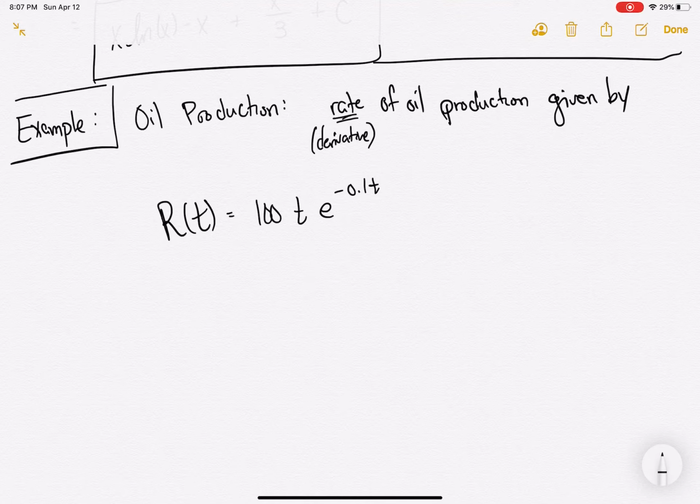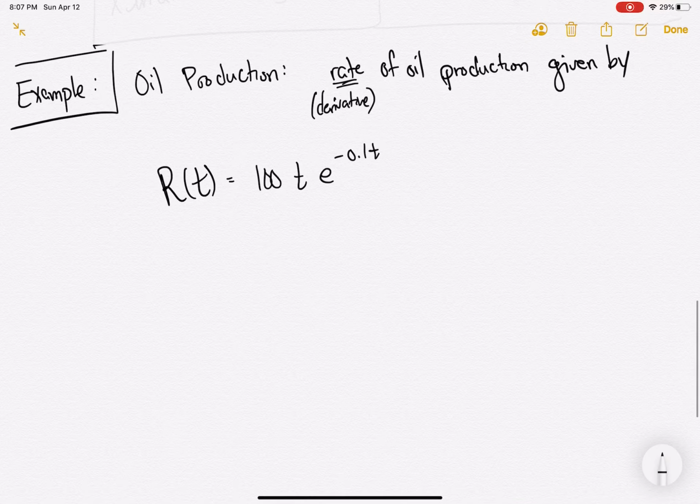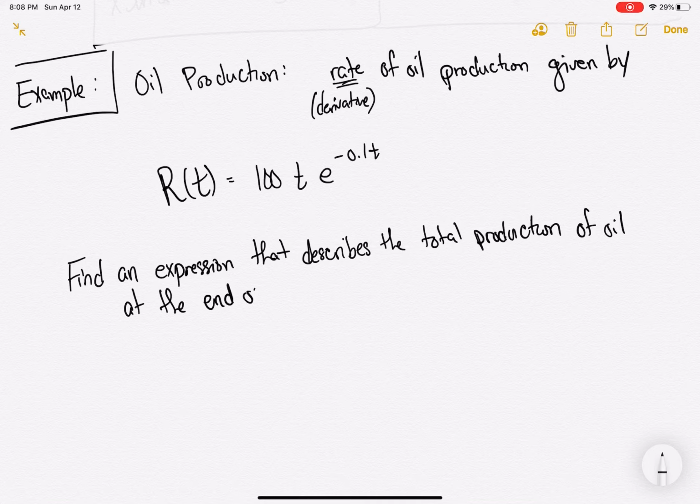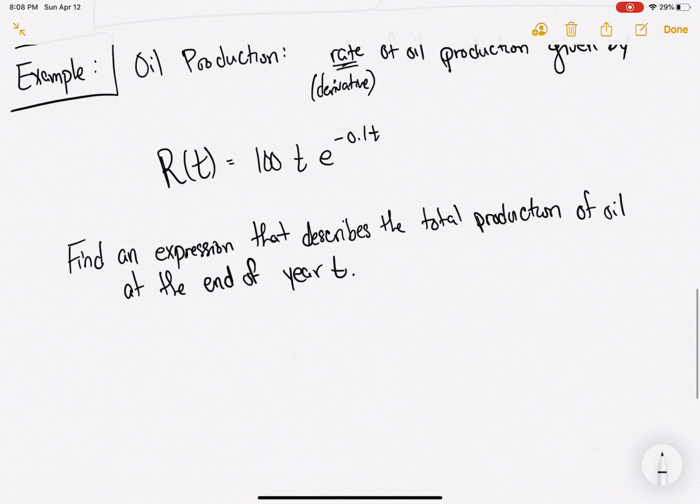It says find an expression that describes the total production of oil at the end of year T. Okay.